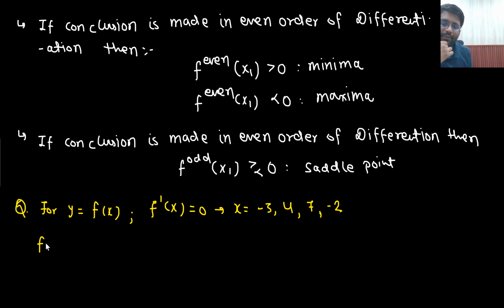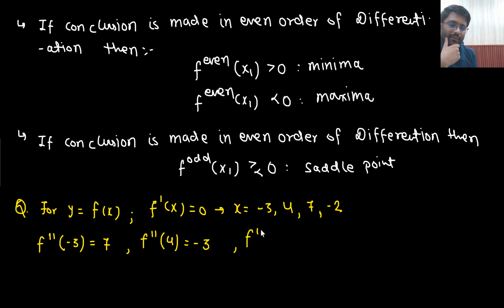Okay. Now f double dash 2, f double dash minus 3 is 7. Okay. f double dash 4 is minus 3. f double dash 7 is 0.